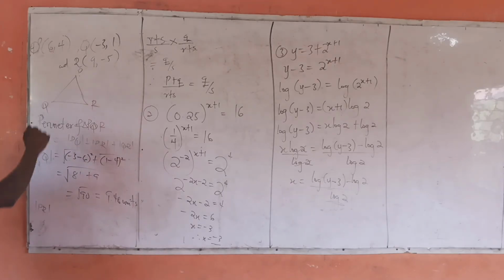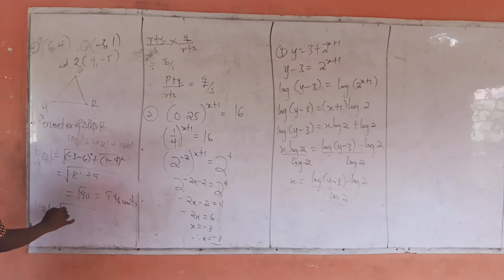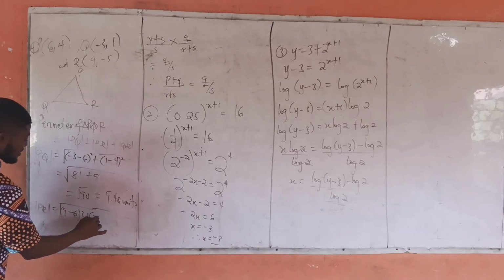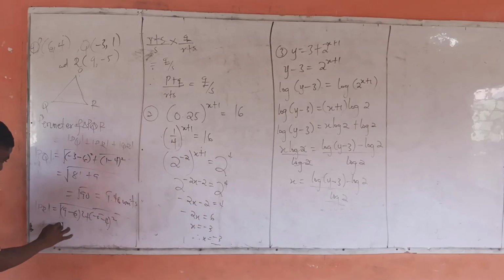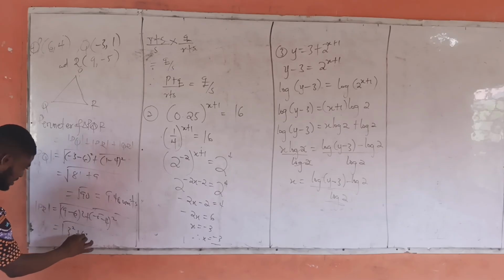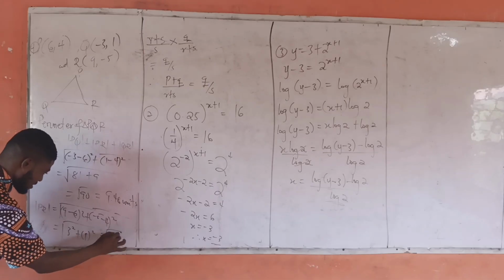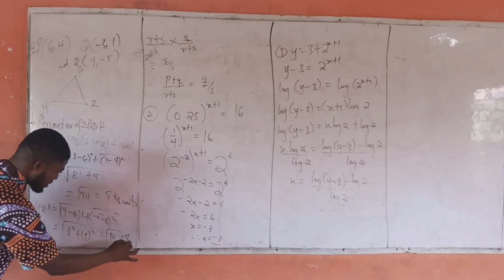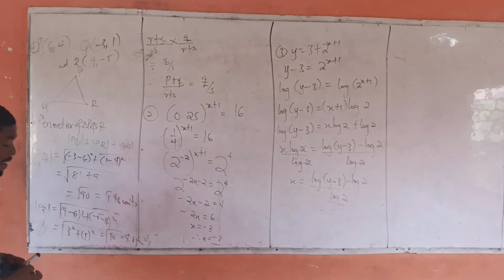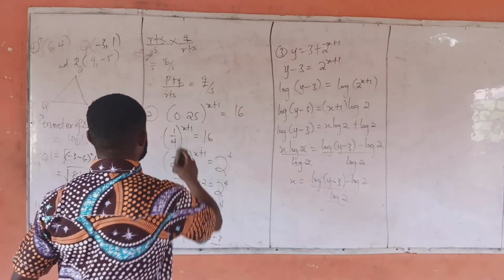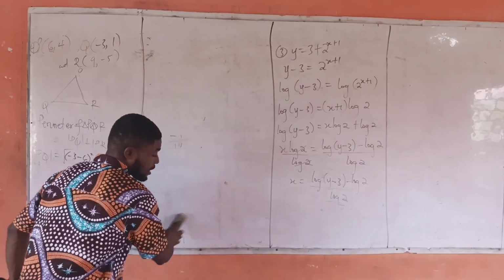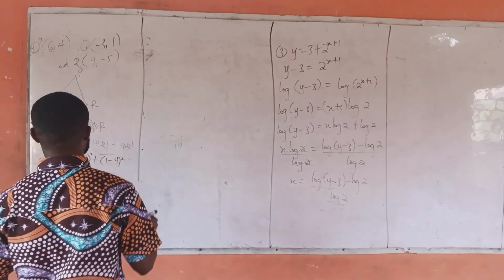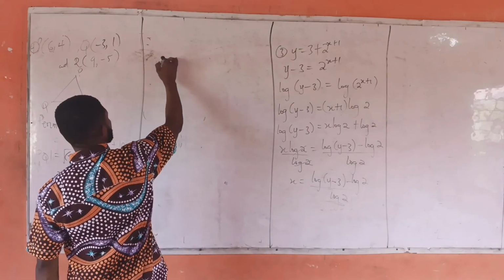P and then R would also be 9 minus 6 all squared plus minus 5 minus 4 all squared. This 3, this 9. Same thing. That gives 9.84 units. Now we quickly look at the last part, which is QR.